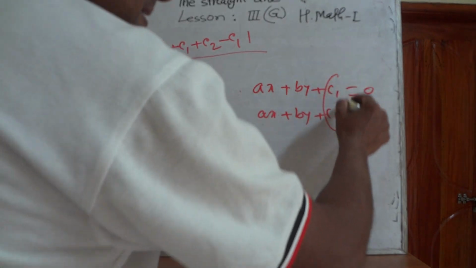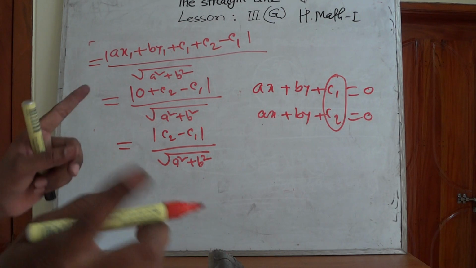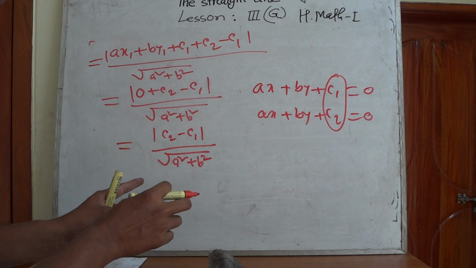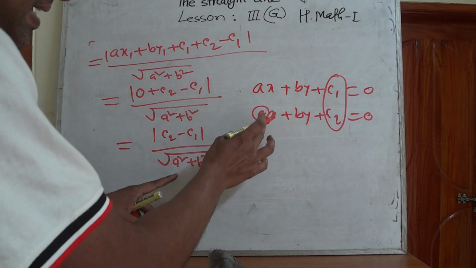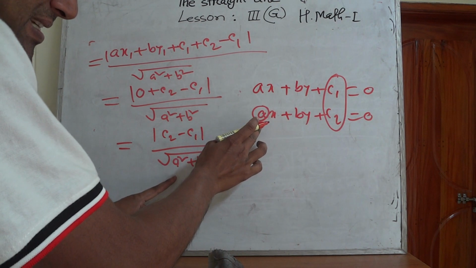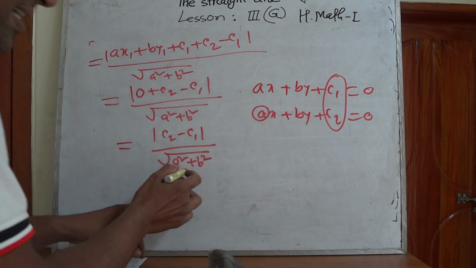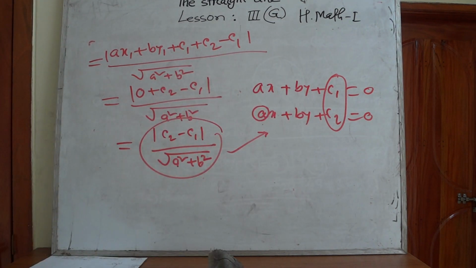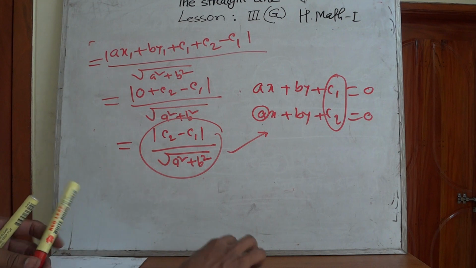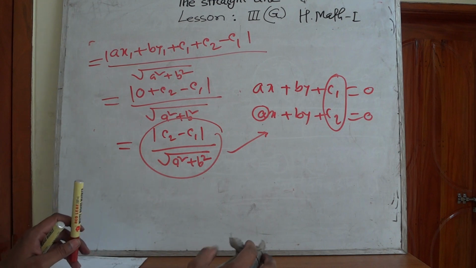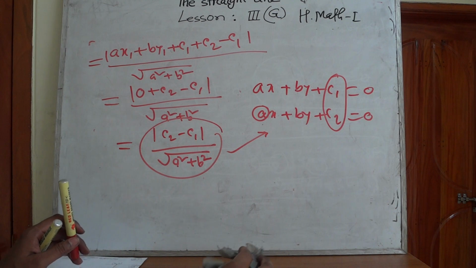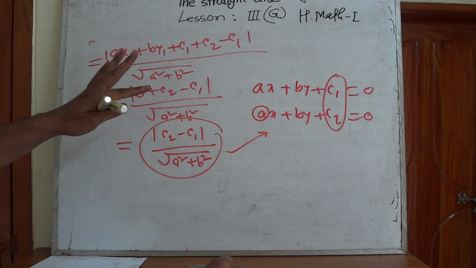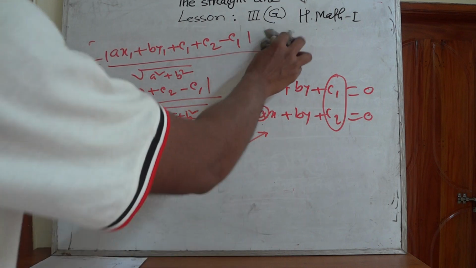Therefore, the difference between the two constant terms divided by the square root of coefficient of x square plus coefficient of y square. Follow this. I think that everybody will understand clearly, and we can solve questions related to this formula easily.